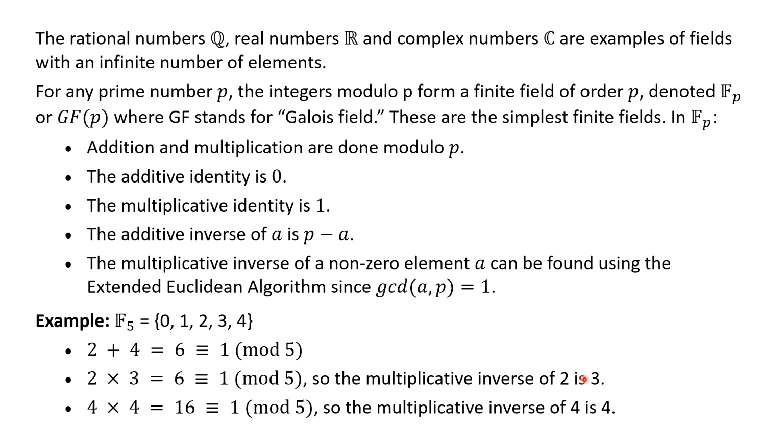So the multiplicative inverse of 2 is 3, and vice versa. 4 times 4 is 16, that equals 1, so the multiplicative inverse of 4 is 4. And of course, the multiplicative inverse of 1 is 1. So we've basically established that we have multiplicative inverses for all the non-zero elements.